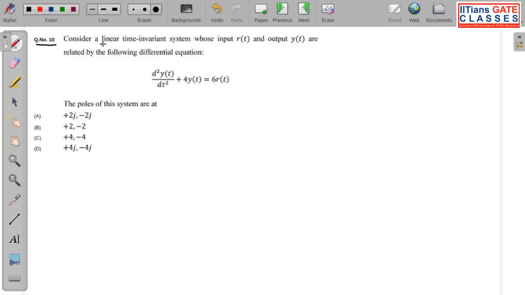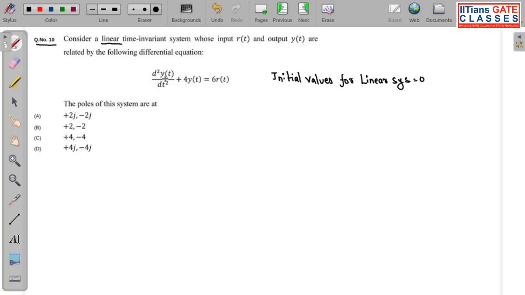So tell me, if they have given you this system as linear, what will be the initial values here? Always remember this: whenever the system given is linear, the initial values for a linear system are always equal to 0.